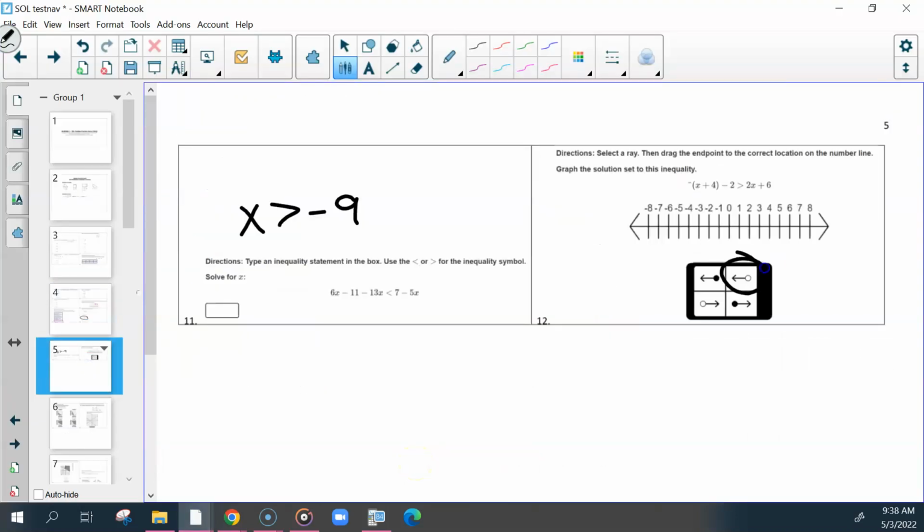So you would drag this one up to -4, and it would graph it for you. These could be solved, but you also have Desmos to check yourself. Questions on 12?